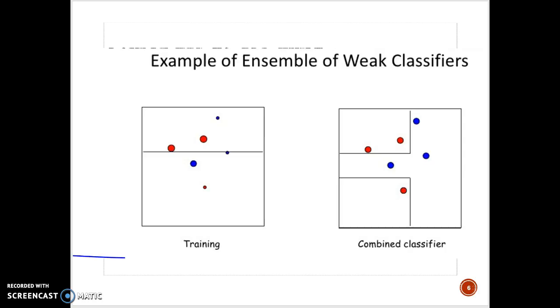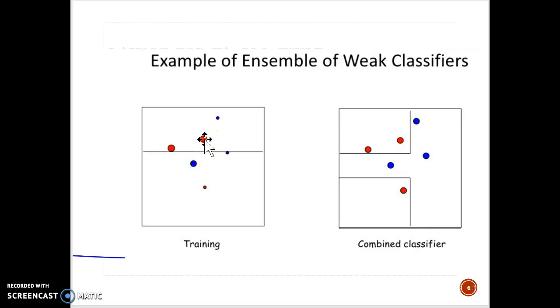So we hope to combine the strengths of all these weak classifiers. Here is a graphical example. We have data like this. The weak classifier might produce this model, which tries to segregate the blue dots here from the 2 red dots on top.